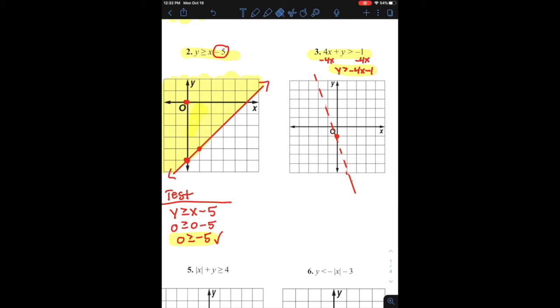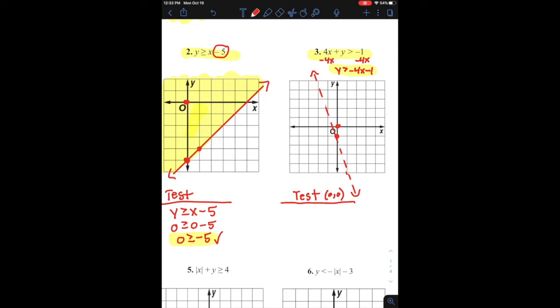Where are the ordered pairs that are solutions for this inequality? Either to the left or to the right of this line. Let's go ahead and test a point to see where the solutions are. Let's test 0, 0 for the mere fact that the ordered pair 0, 0 is just easy to simplify once substituting into the inequality.